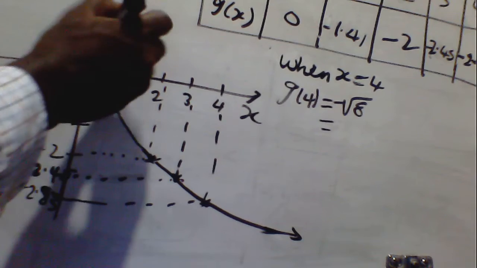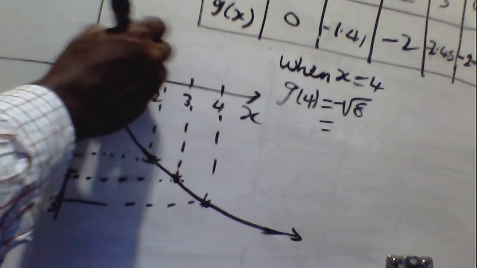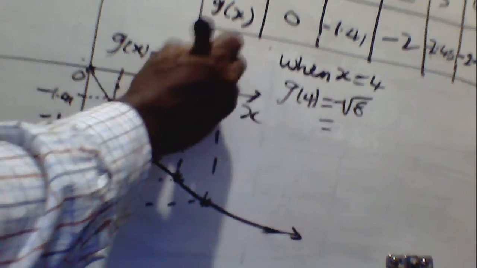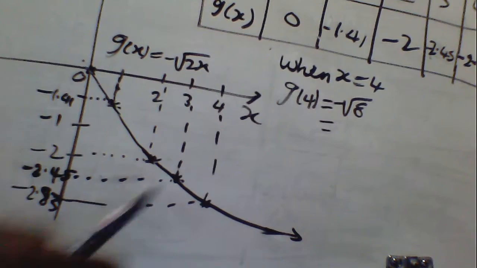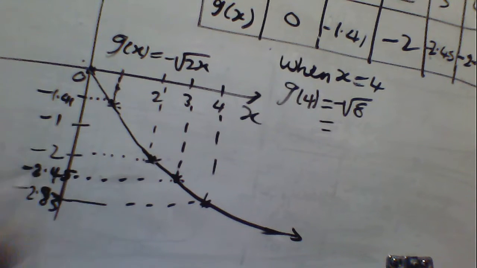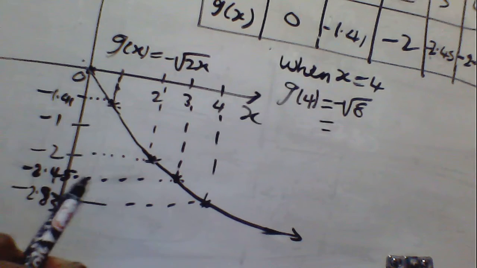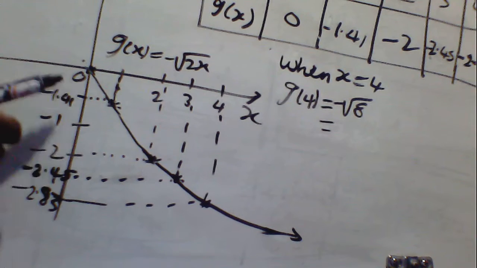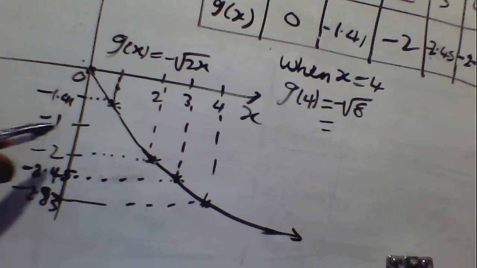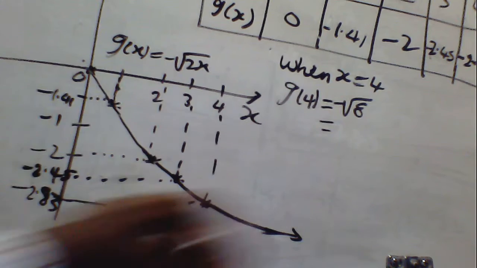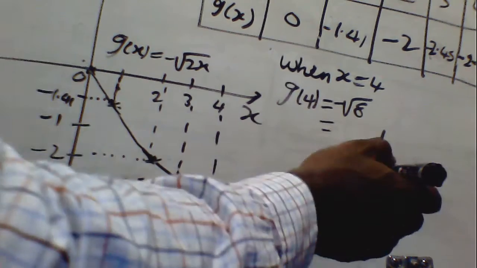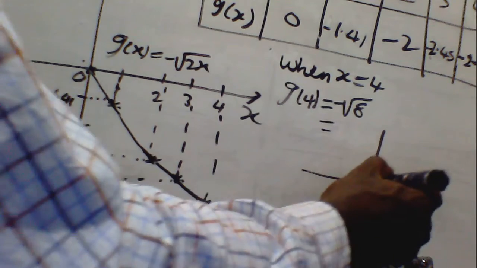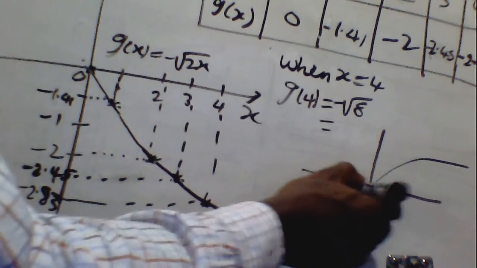So this is the graph of g of x equals negative root 2x. The negative is different from the parent graph. The negative defines a reflection on the x-axis. The 2 here signifies a shrink by a factor of half. If you look at the parent, the parent will look like this at 0, 0.